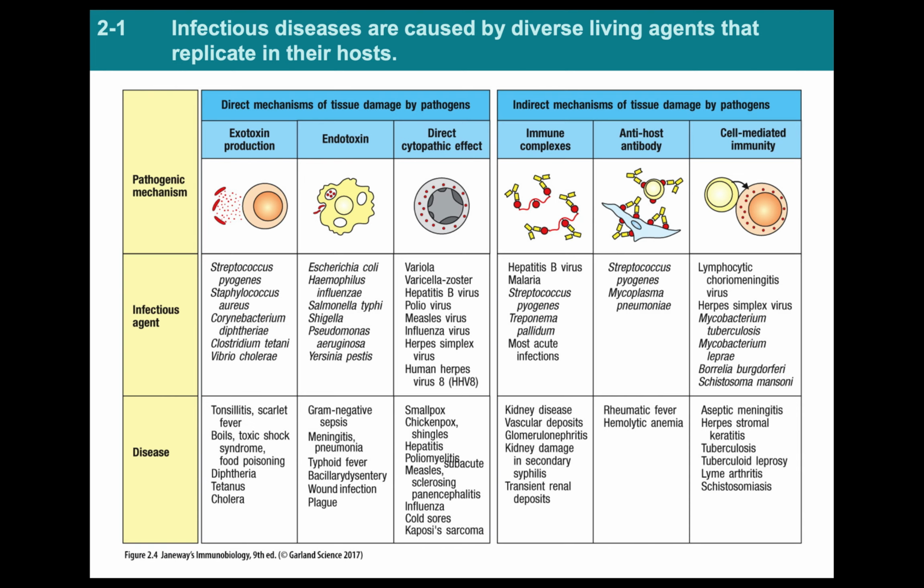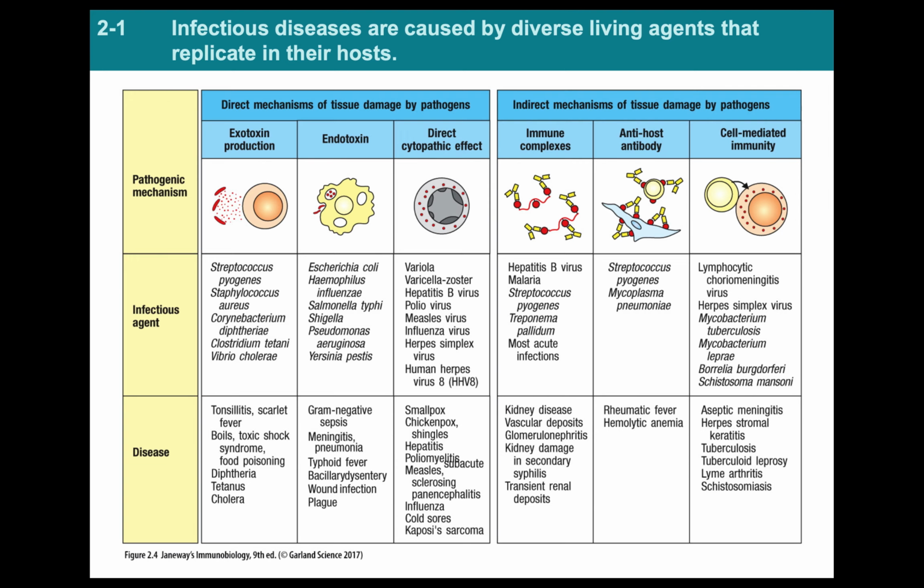A lot of viruses will work by direct cytopathic effect. So the viruses will either steal enough from the cell that the cell just kind of collapses and dies, or the viruses will sometimes actually just sort of fill the cell up and then burst out and actually rip the cell open and kill cells that way.